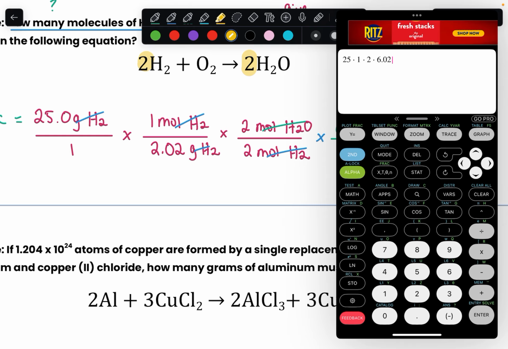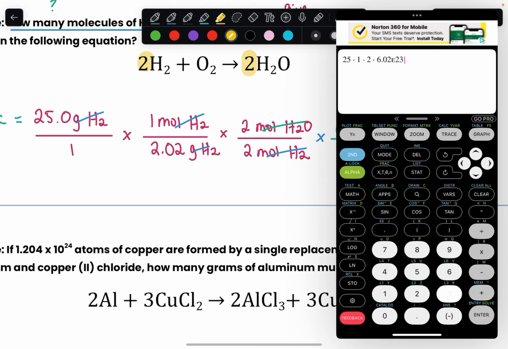So to engage that double E button, I'm going to press second, comma, and you're going to see an E appear there. And then I'm going to put the exponent of 23 right after that E. Notice how there's no times 10. I'm literally just putting the number out in front of the times 10, 6.02, and then the exponent number after the E there. I'm going to press enter, and I'm going to get a really large number.